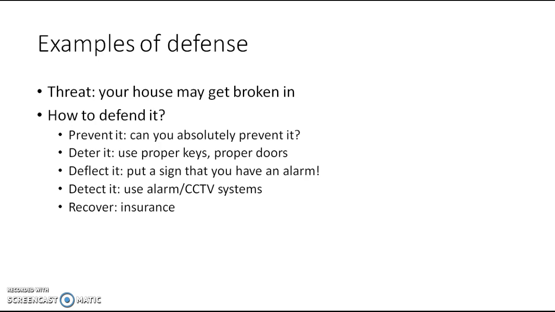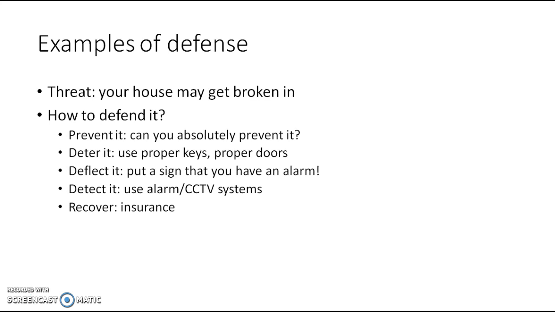The CCTV cameras usually come under detection. Deflection is just to move the robbers aside, give another path. But the CCTV camera is for detection. So in the system you can see, and it can use the alarm as well. So deflection and detection go side by side.